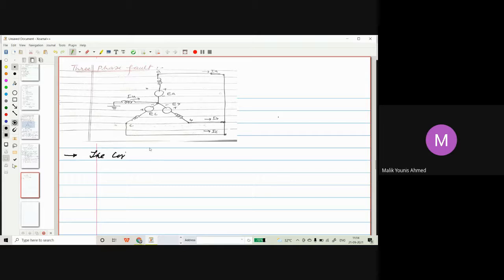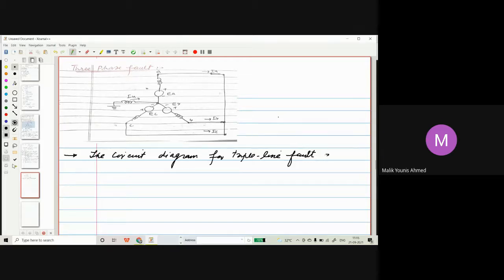Okay, the circuit diagram. So we'll be doing the three-phase fault analysis. Circuit diagram for the triple line fault. All the three lines are connected to each other but not with the ground. That's very important.